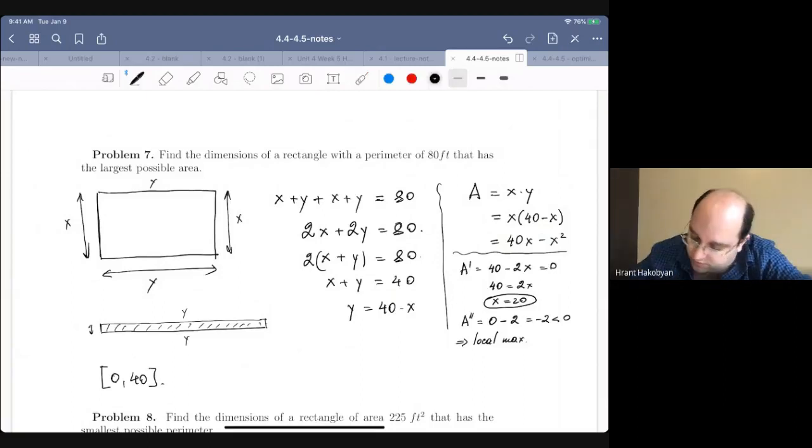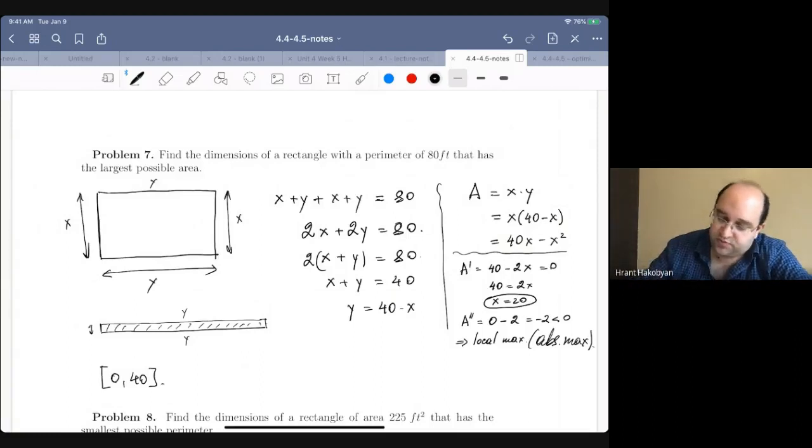So I'm going to write here not local maximum, but absolute maximum. Okay. Now all I have to do is plug this number 20 into my formula for A to find the largest area.